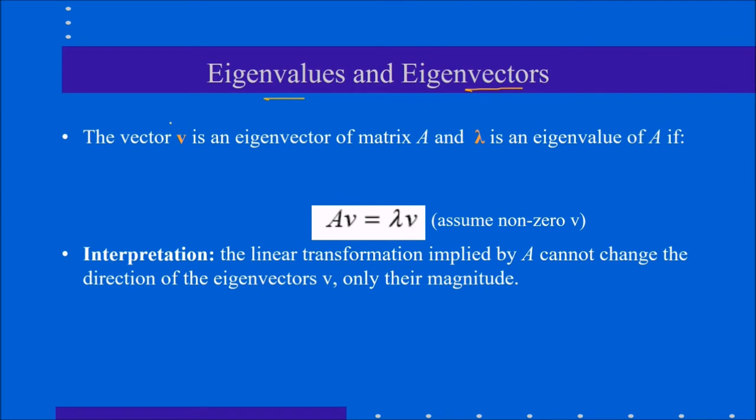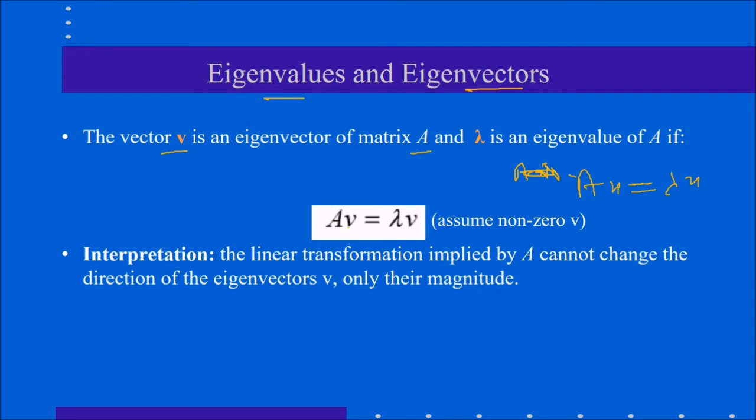Eigenvalues and eigenvectors. A vector v is an eigenvector of matrix A, and lambda is an eigenvalue of A, if A v is equal to lambda v. In some books this is given with x, so let us take A x equal to lambda x, like this.